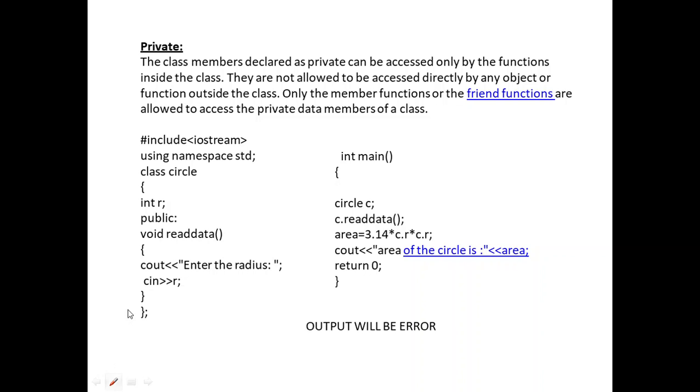In the previous program we wrote public, and after that int R, then void read data. But here we have written int R first, and after that public, and we are now calling the radius, but there will be an error because R is not public here. So after this class R cannot be used in the normal way, so the output will be an error.